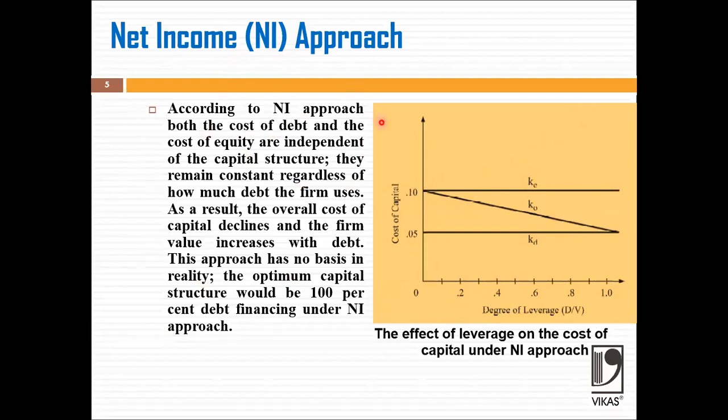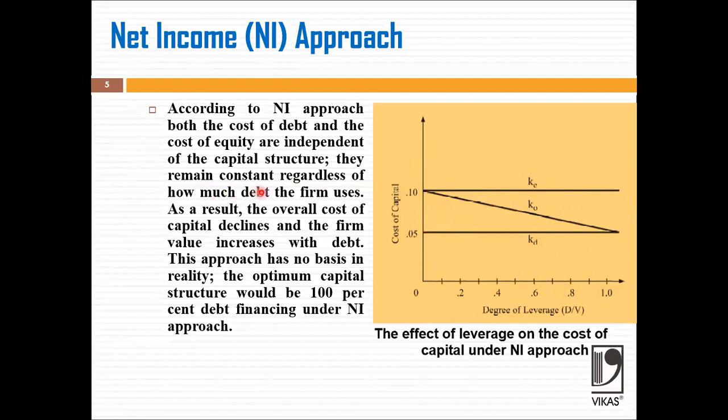According to the net income approach, both cost of debt and the cost of equity are independent of the capital structure. Here, it's constant; it never changes. Cost of debt and cost of equity never change when the leverage changes. That's why it is called independent.